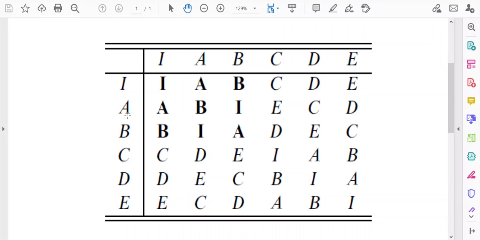Whatever it is, these elements form a group, and this is the multiplication table for that group G.